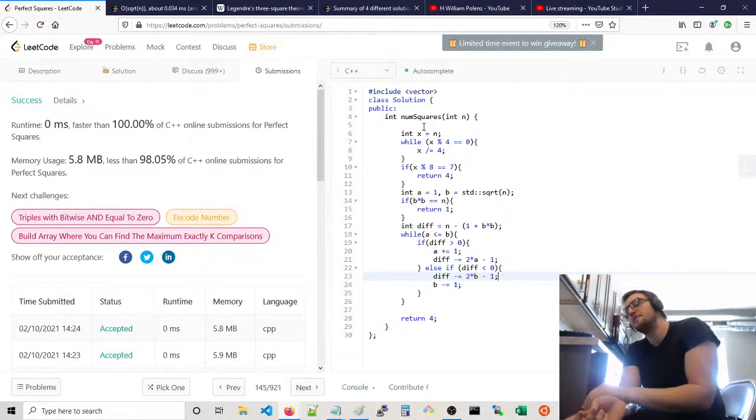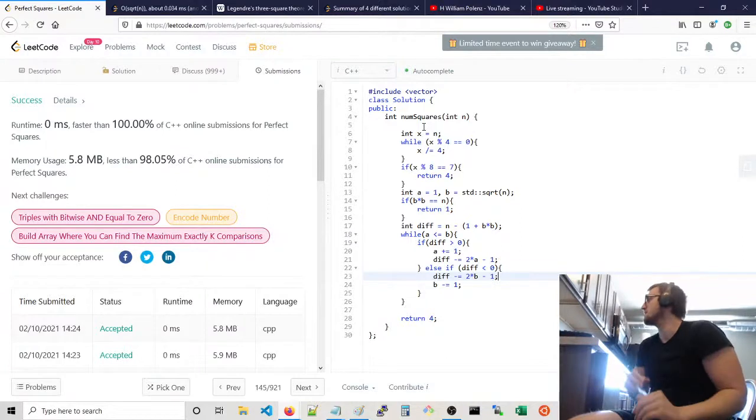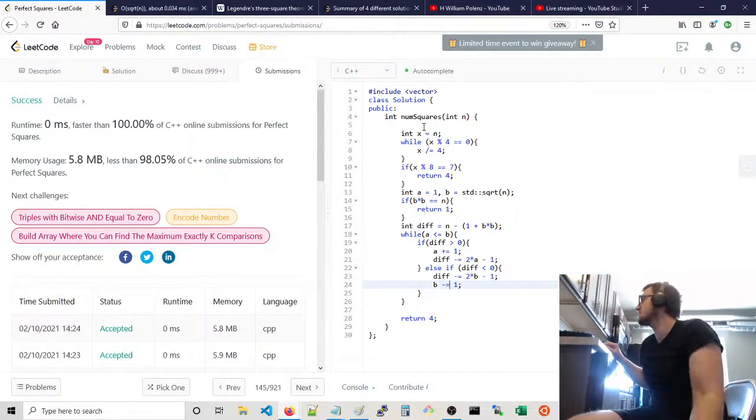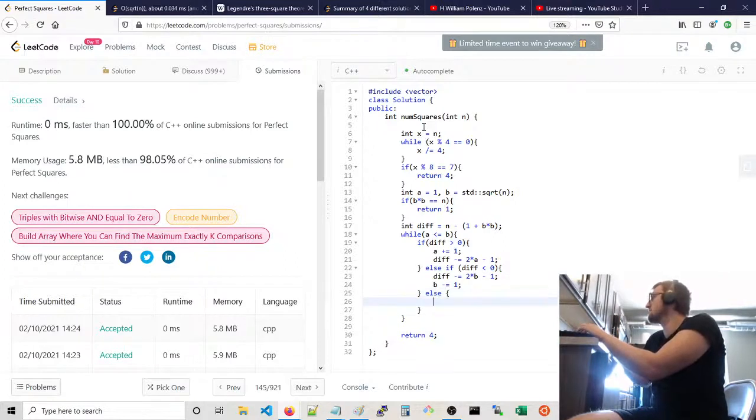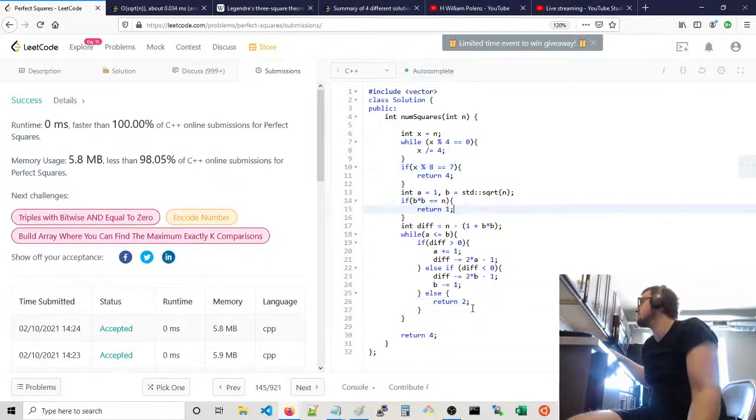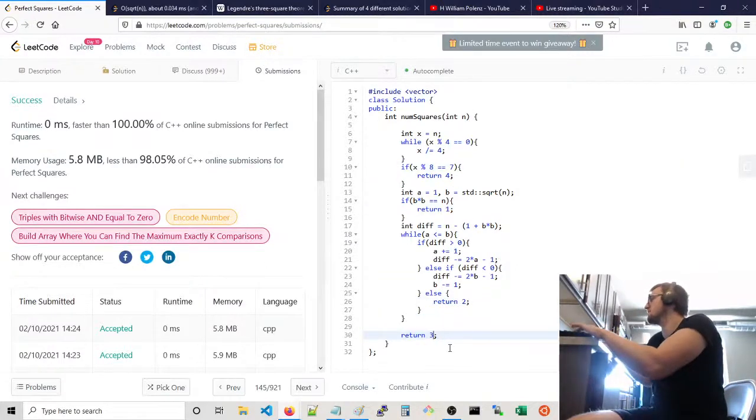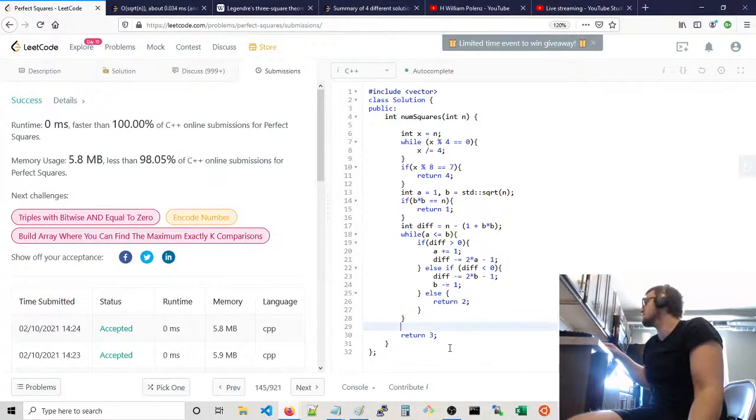Square root of 25 is 5. 5 times 2 minus 1 is the 5th already. So you subtract that and then you decrement. Yeah. Do one before the other. And then we say else, diff is equal to 0, return 2. Right. 4, 1, 2, 3. That's it.